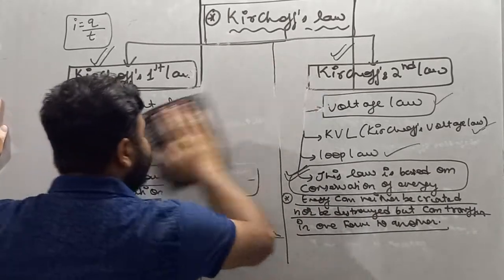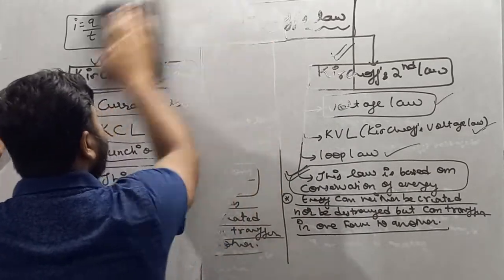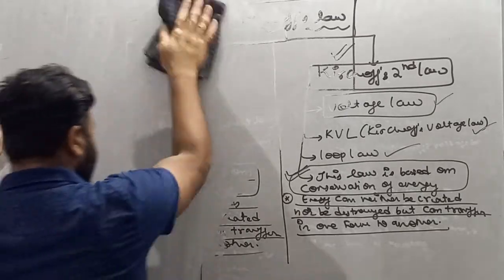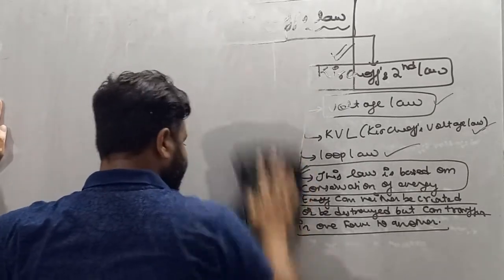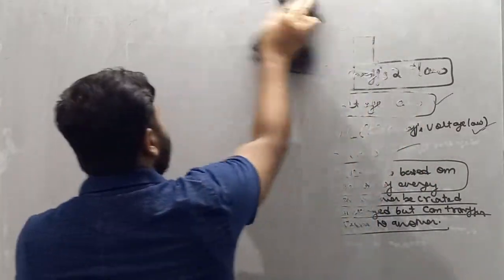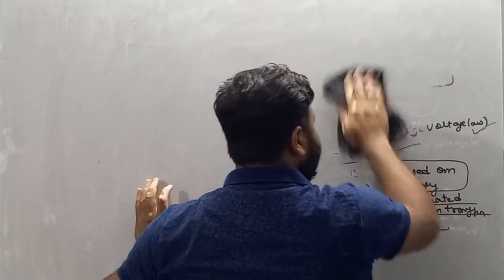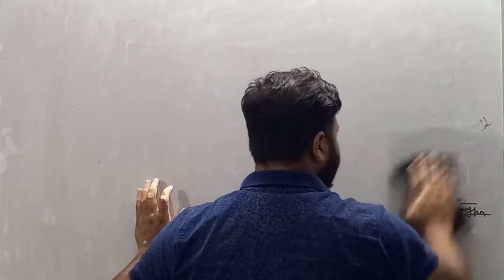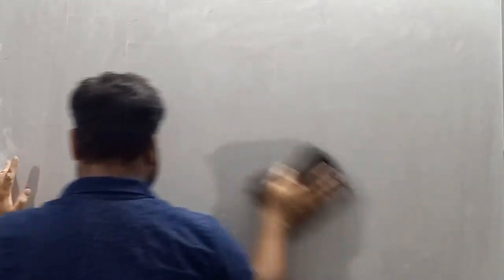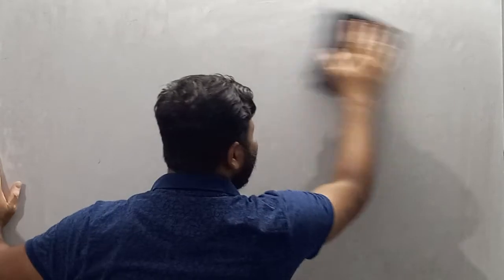Kirchhoff's first law is also called Kirchhoff's current law, or we can say junction law. First of all, let's discuss what actually a junction is, then we'll discuss what the first law says.